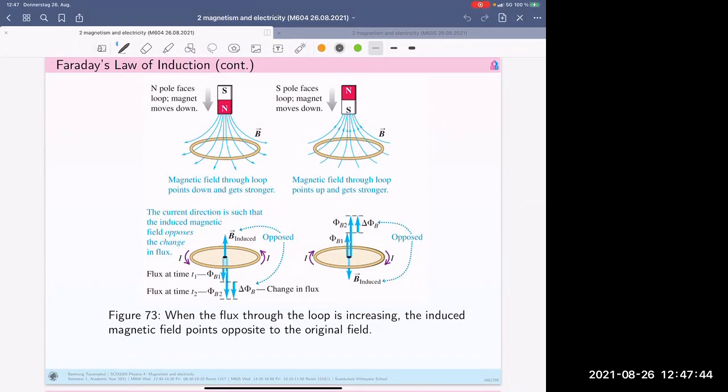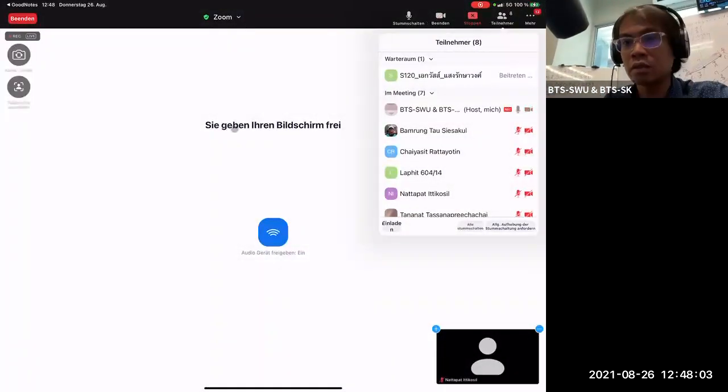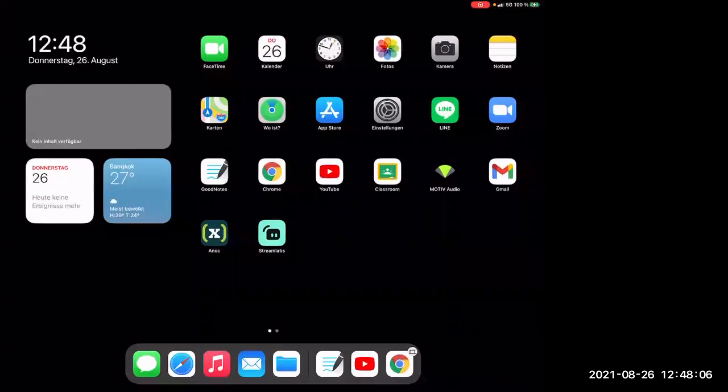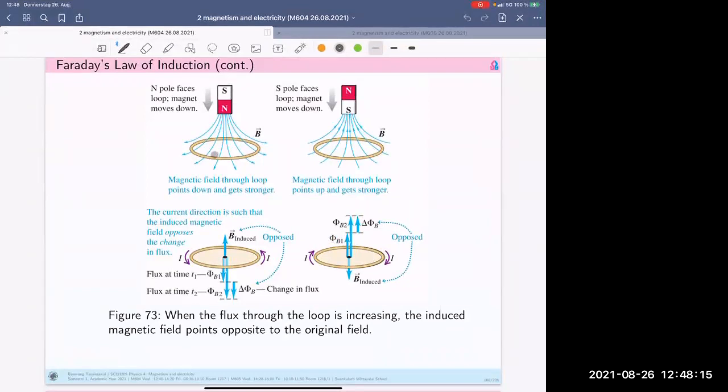If you have a permanent magnet like this and you want to see some effect, how the current will appear in this copper conductor, the circular loop.